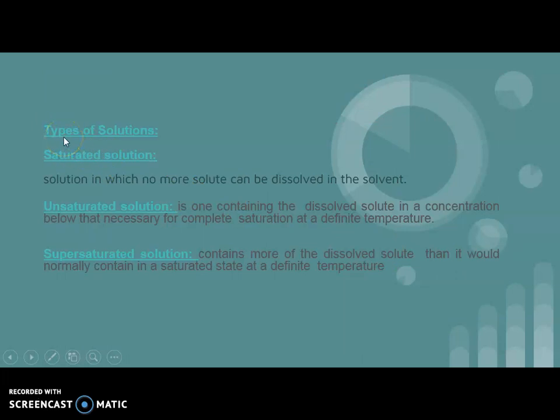Next, which are the different types of solutions? Now we take a glass of water and add one spoon of sugar to it. We stir it. We see the water dissolves the sugar.